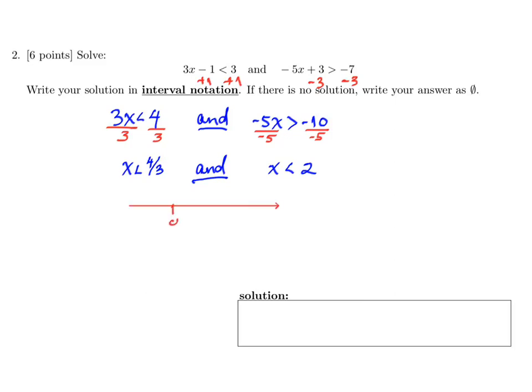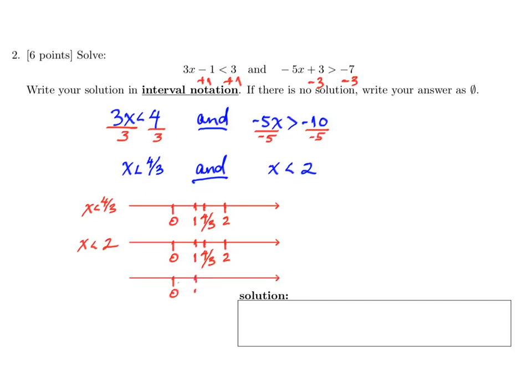So let's draw 3 number lines again. And we're going to line up these number lines so that all the markings line up so we can visualize what's going on. So the first number line, we're going to graph all the numbers less than 4/3. The second one, we're going to graph all the numbers less than 2.